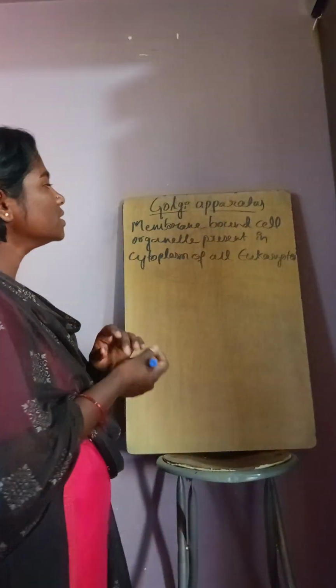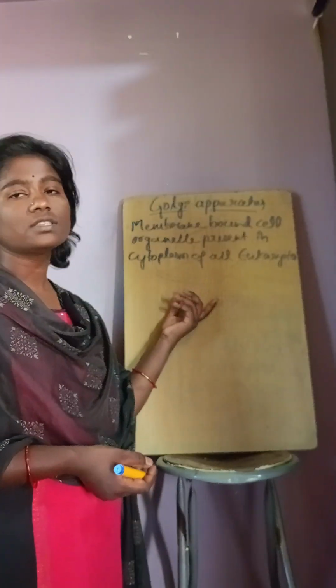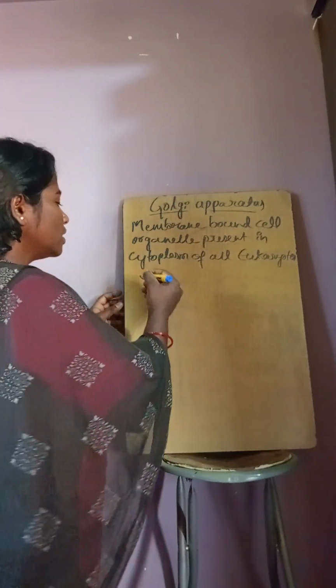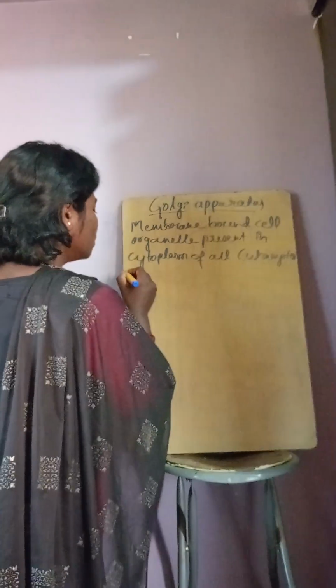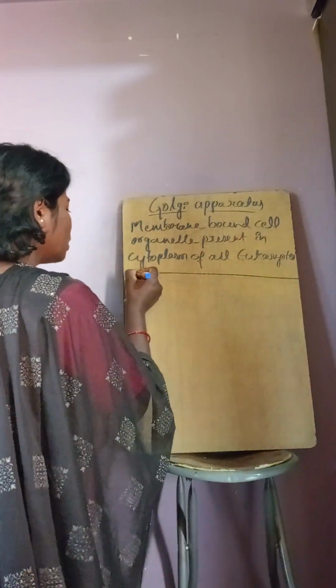Okay, now in this session we are going to discuss the labelled structure of the Golgi apparatus and also the functions. Now let us draw a simple diagram of the Golgi apparatus, or Golgi complex, or Golgi body.